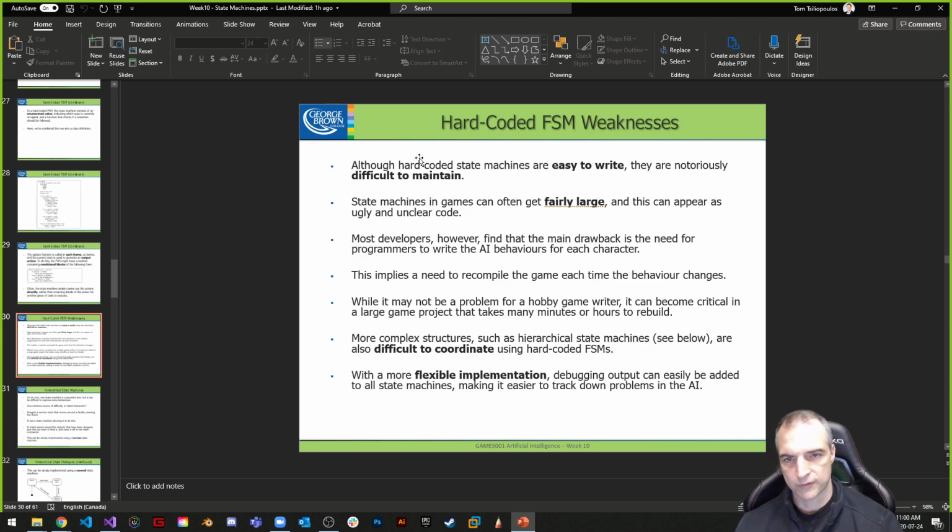The hard-coded finite state machine, although easy to write, also has disadvantages because of maintenance. Especially if we get a much more complex behavior, then a hard-coded finite state machine doesn't make any sense. It's really difficult to put into place. Once we start getting into more complex finite state machines, for example a hierarchical finite state machine, it's really difficult to put together if it's not flexible.